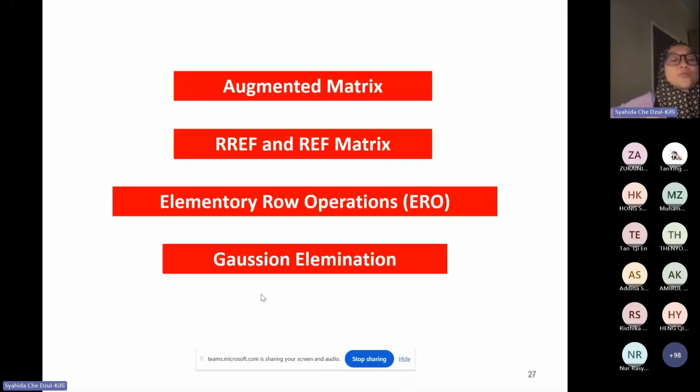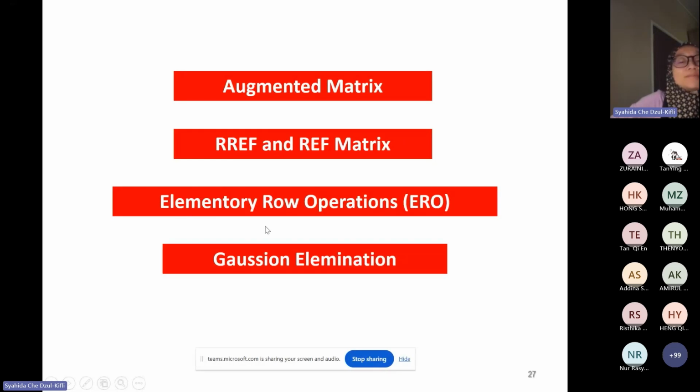So in subtopic 1.3, we are going to look at these terms: augmented matrix, RREF and REF matrix. What does it mean for a matrix to be in reduced row echelon form? And what does it mean for a matrix to be in row echelon form? And what does it mean by elementary row operations?